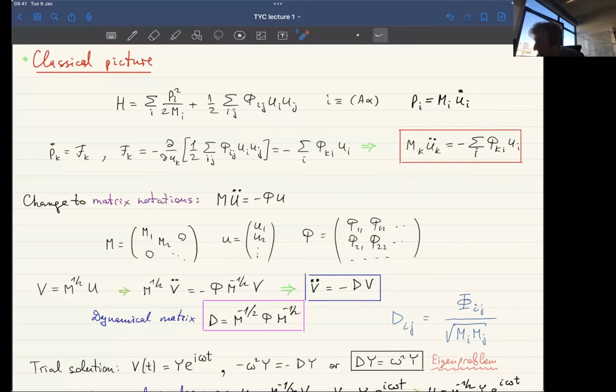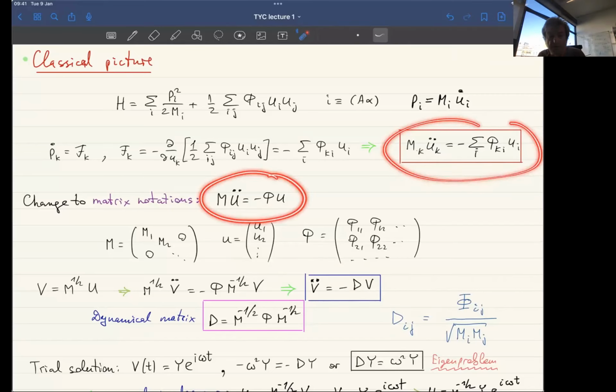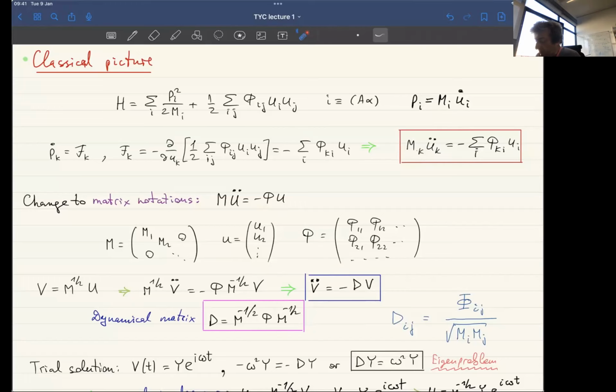We can rewrite these equations of motion in the matrix form by introducing the matrix M of atomic masses, diagonal, vector U of atomic displacements, and matrix phi, the quadratic force constant matrix, and then these equations in the matrix form look like this. And in order to solve them, what we shall do is rescale the displacement by the masses.